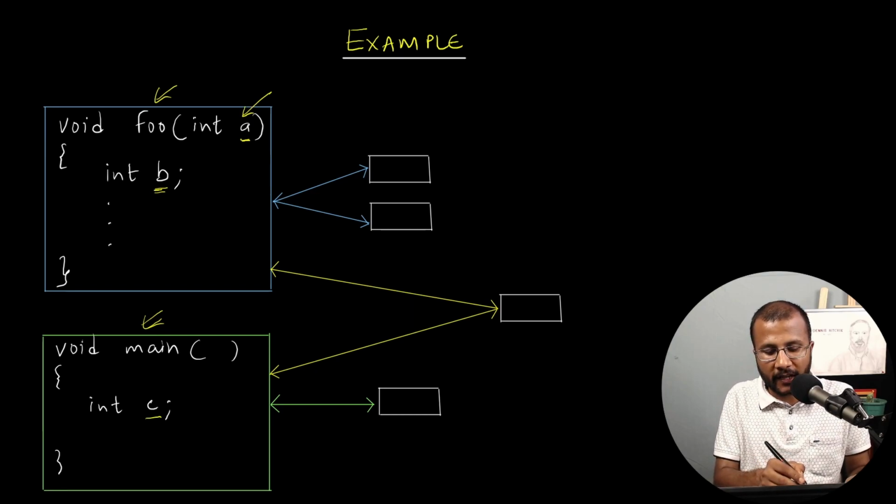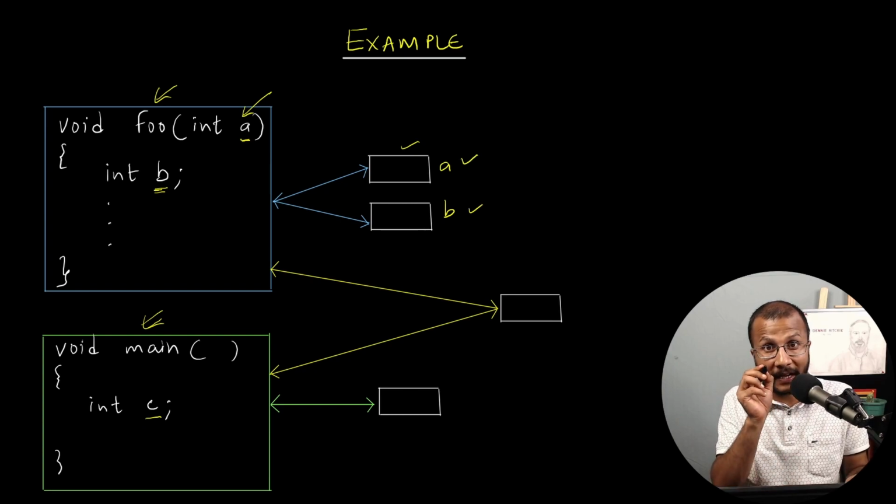Both of these variables, a and b, are local variables. So whenever this function is called, let's say this box is the variable a and this is variable b. These variables are only accessible to this foo function. Only foo has access to variable a and variable b.